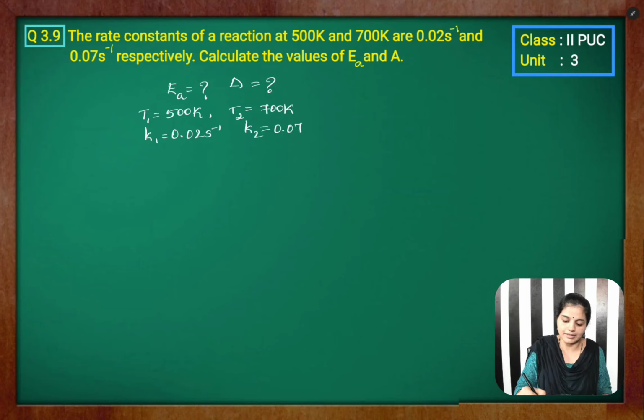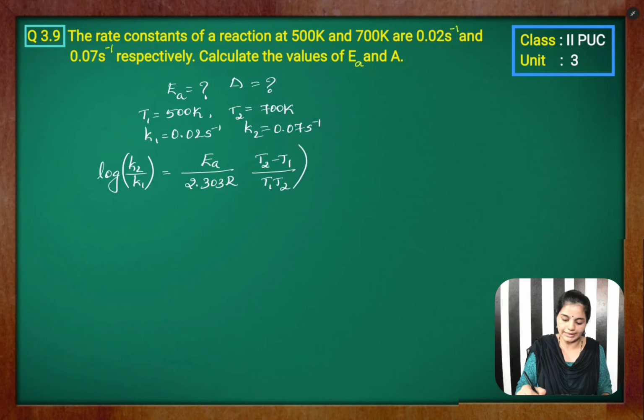So to calculate activation energy, we will make use of the formula log K2 divided by K1 is equal to Ea divided by 2.303 R into T2 minus T1 divided by T1 into T2. Let us substitute.